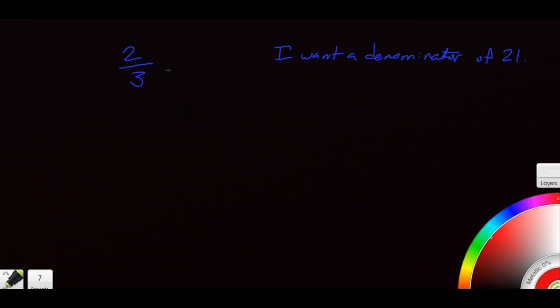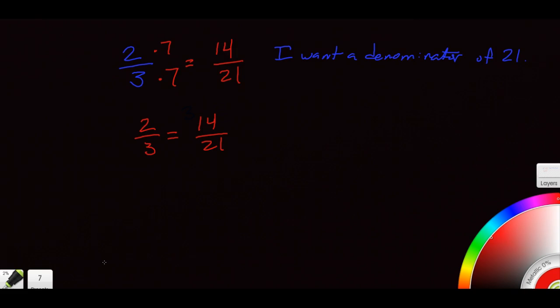So I'm going to multiply 3 times some number to get 21, and 3 times 7 does give me 21. What I do to the bottom, or to the denominator, I have to do to the numerator. So I multiply top and bottom by 7, and I get 14 over 21. So 2/3 and 14 over 21 are really the same thing. They really are equivalent to each other.